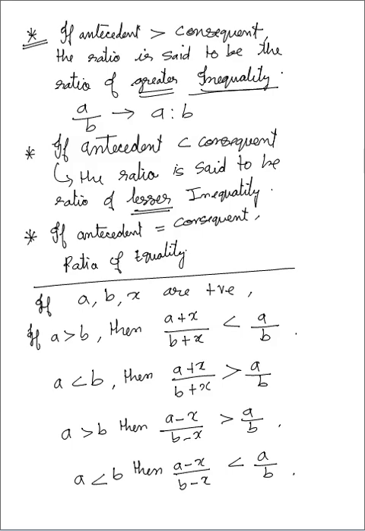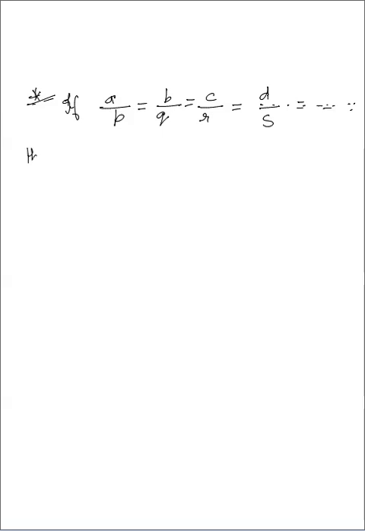Okay, next thing which I want to just, I am writing down. If we are having a ratio like this in the form of a by p is equal to b by q is equal to c by r is equal to continuous, okay, I can write d by s, like this it is going continuously, then just see the numerator.